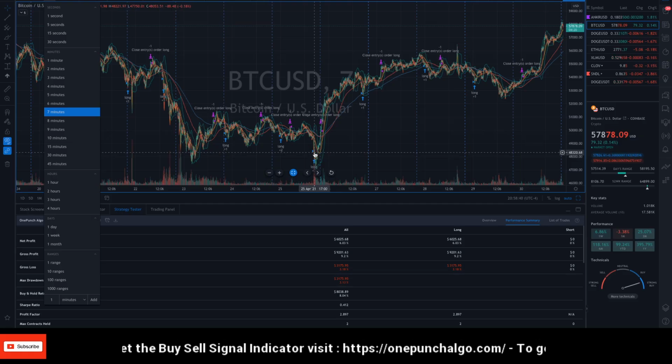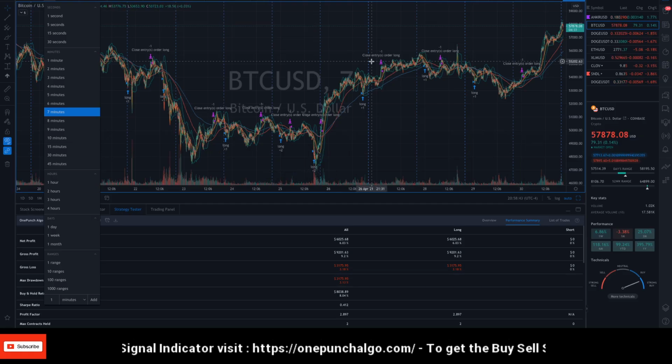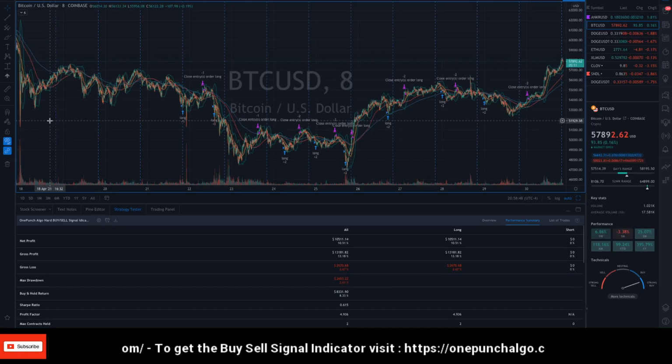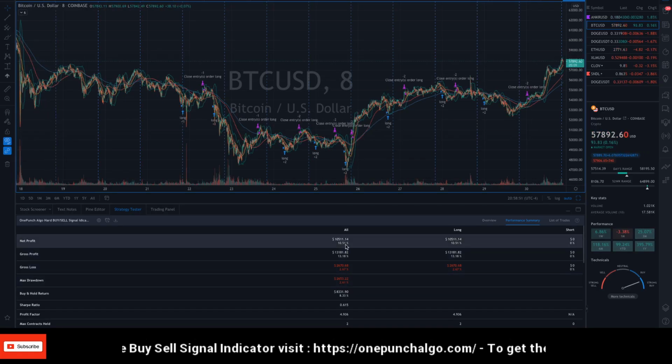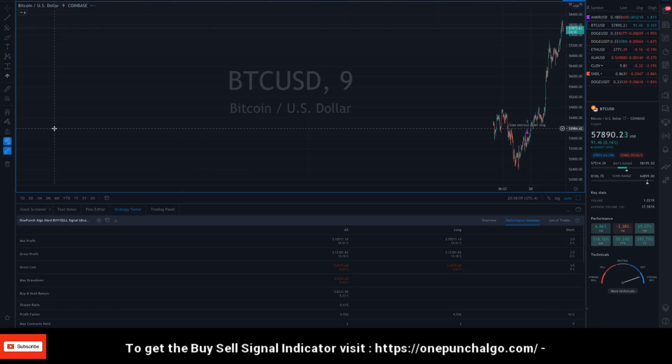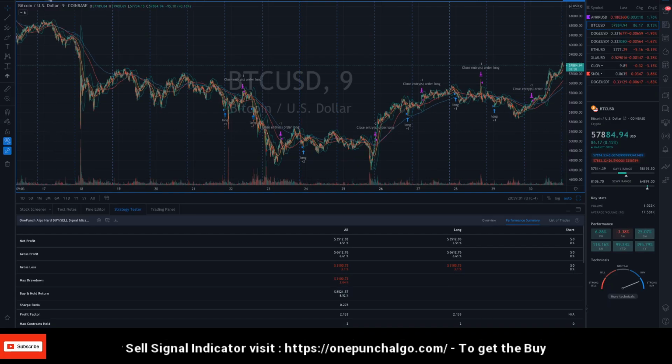That's not actually, if you were to use leverages and all those things. 8 minute. Oh, 8 minute did well. 10% with 8 minute for the basic setup. So 8 is winning here for Bitcoin.